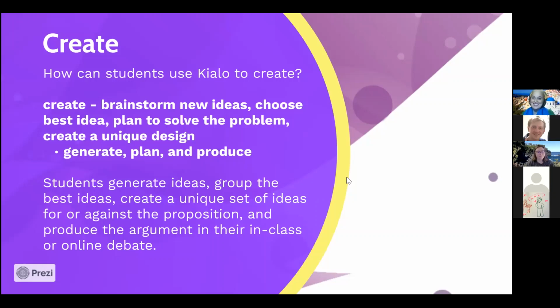They're putting all these different ideas from everywhere together, so they are creating their unique tree. If you give the same proposition to 5 different classes, you're going to have 5 different trees. They're going to find different sources of information. Not one tree is going to look the same. So in that way, it's creating something new.